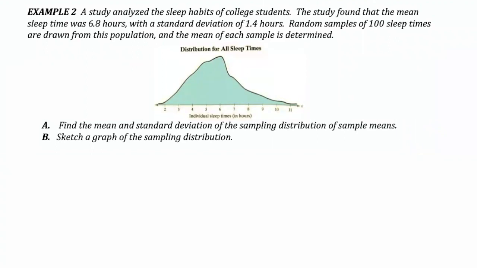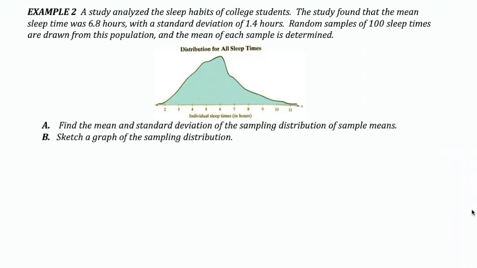So once again, examples are really helpful here to make all of this make some degree of sense. In example 2 in this section, a study analyzed the sleep habits of college students. The study found that the mean sleep time was 6.8 hours with a standard deviation of 1.4 hours. You take random samples of 100 sleep times from this population, and the mean of each sample is determined.